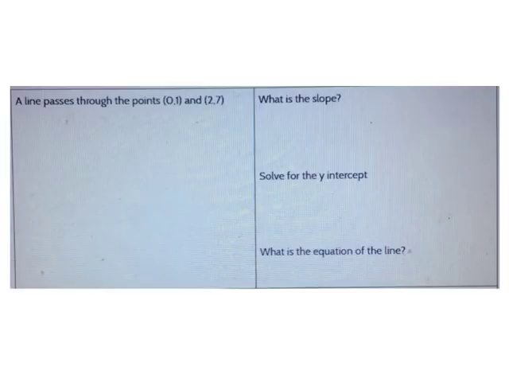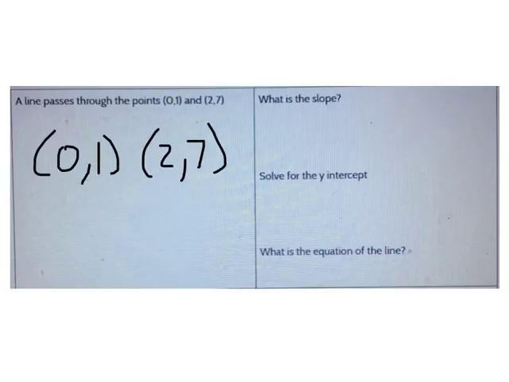Let's do two more together, and then you can try a few on your own. A line passes through the points (0, 1) and (2, 7). First, we need to find the slope. Let's label x1, y1, x2, and y2.